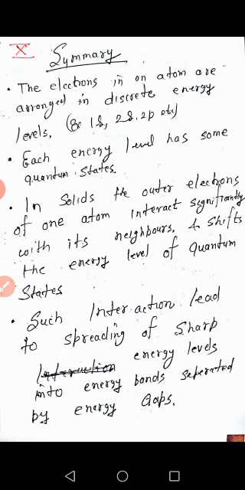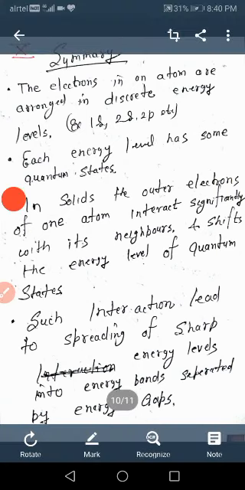So in the previous lecture we discussed the discrete energy levels in a single separate atom, and whenever the atoms come together to make solids, those discrete sharp energy levels change into energy bands, and those energy bands are separated by energy gaps.